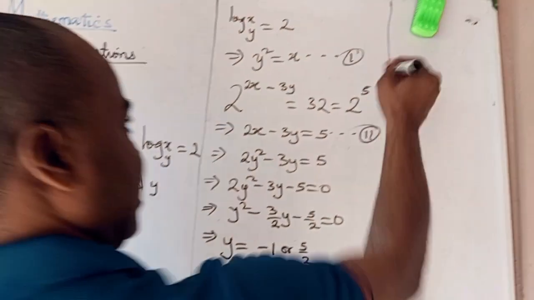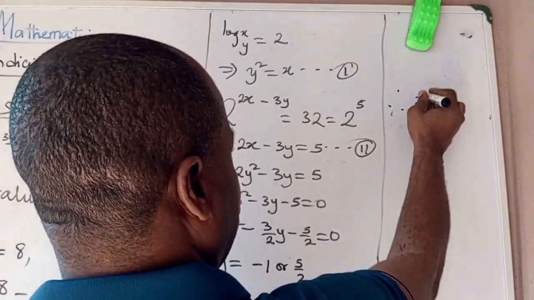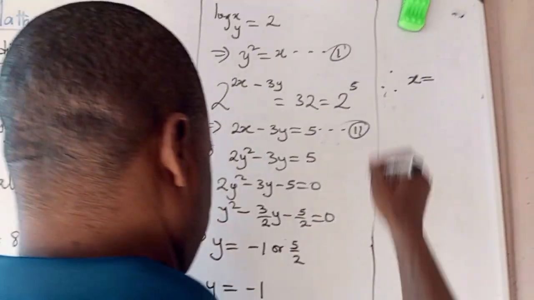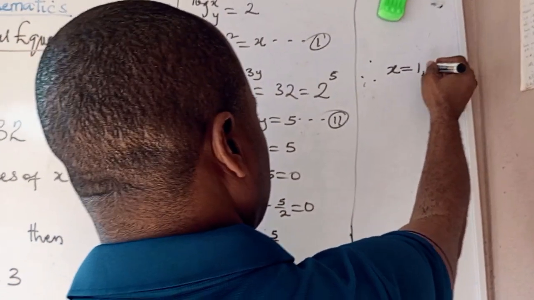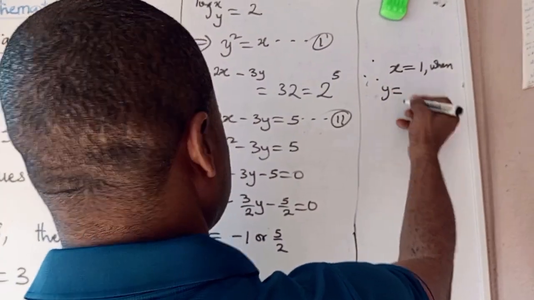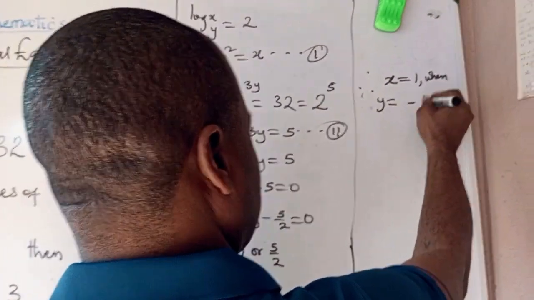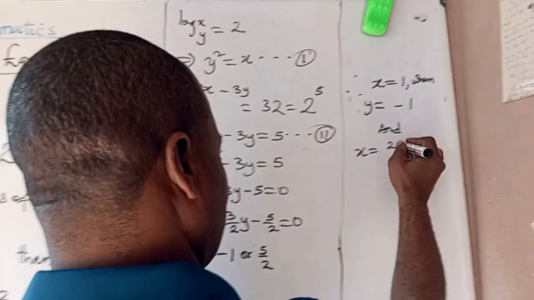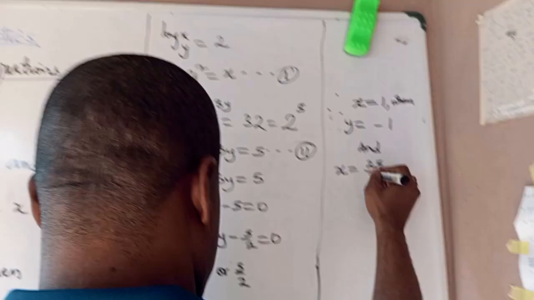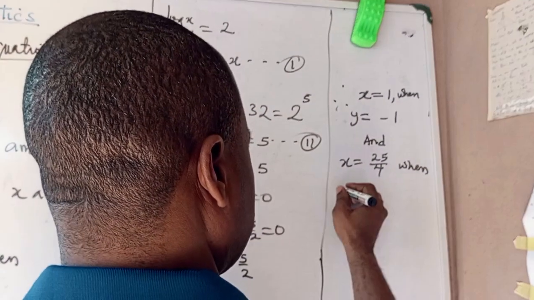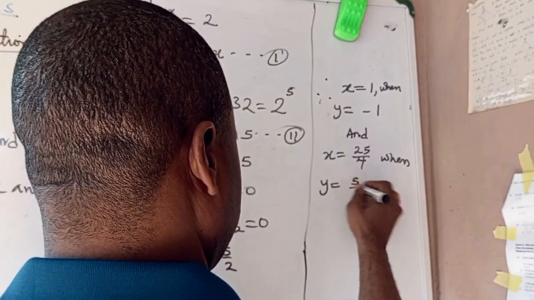So which implies that our x is equal to 1 when y is equal to negative 1. And our x is equal to 25 over 4 when y is equal to 5 over 2.